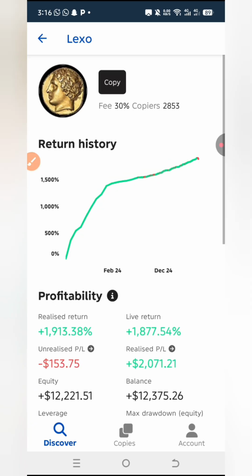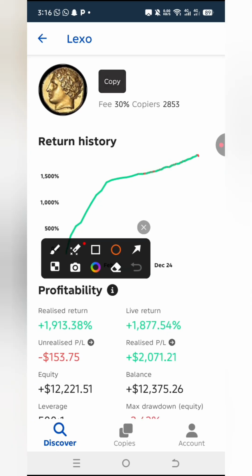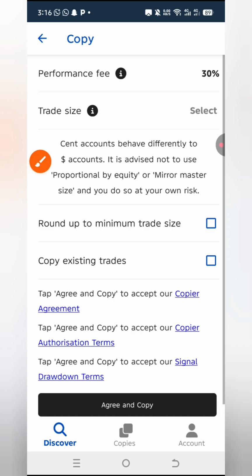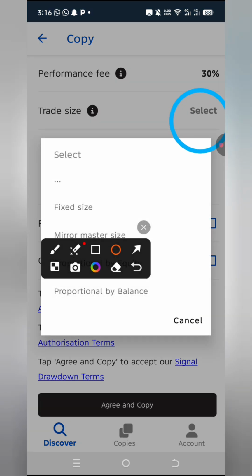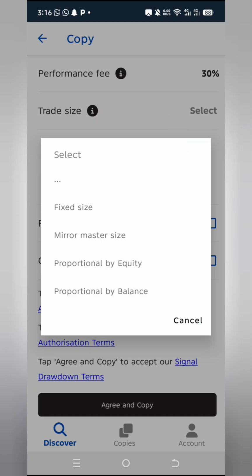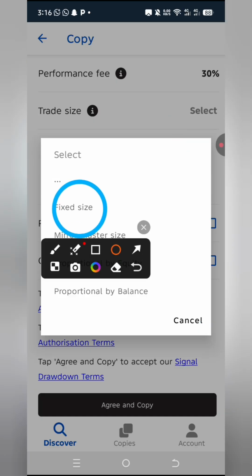So that being said, let's go into it. The next thing you want to do right now is to click on copy in order to copy this trader. Then here is where the setting comes in. We want to select the size that we will be using. The only one to select is a fixed size.